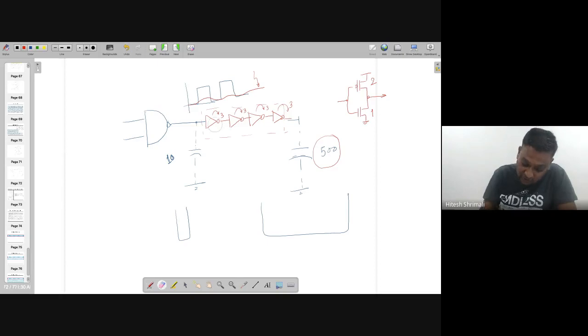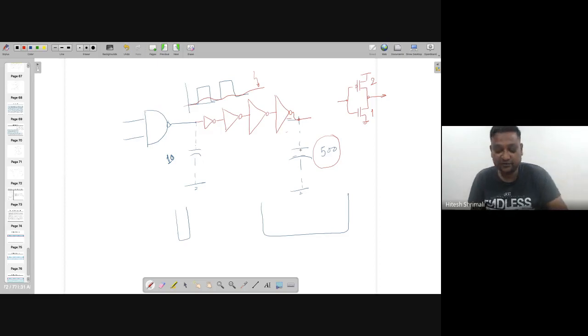So it has to be understood that we need stages of inverters, but you can see that with the stages I'm increasing the size of the inverter such that the last one can drive the 500.